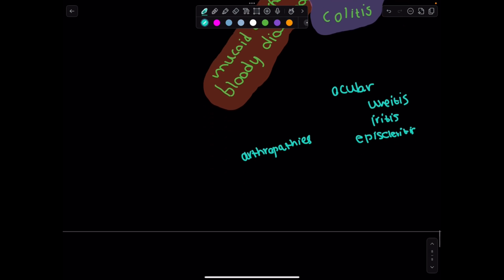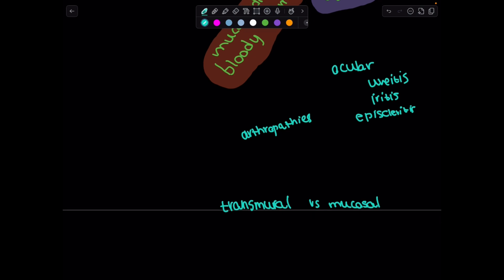All right, let's differentiate Crohn's disease and ulcerative colitis, focusing on transmural versus mucosal involvement and complications. CD causes transmural inflammation, affecting all gut wall layers, mucosa to serosa, leading to deep ulcers, fistulae, and strictures, seen anywhere from mouth to anus, often patchy, skip lesions. UC affects only the mucosal layer of the colon and rectum, causing continuous superficial ulcers and inflammation, starting at the rectum.